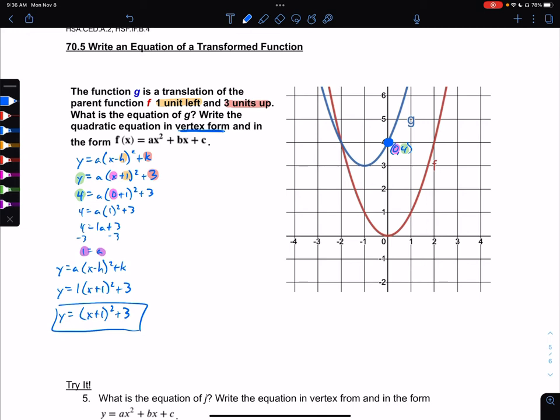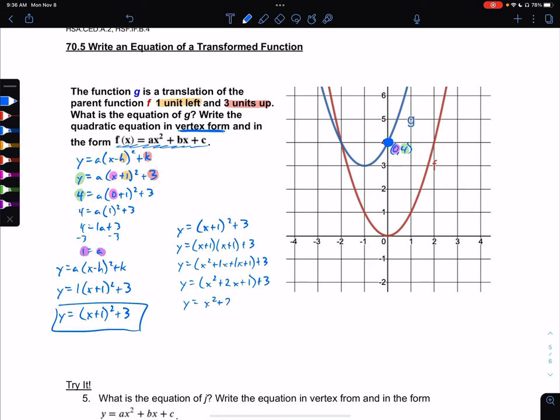They also want us to write this in the form f of x equals ax squared plus bx plus c. So let's take our equation, this (x plus 1) squared plus 3, and we can multiply everything out. Really what's happening here is the same thing that we've done in the last 2 examples, so hopefully you're getting a pretty good understanding of this.